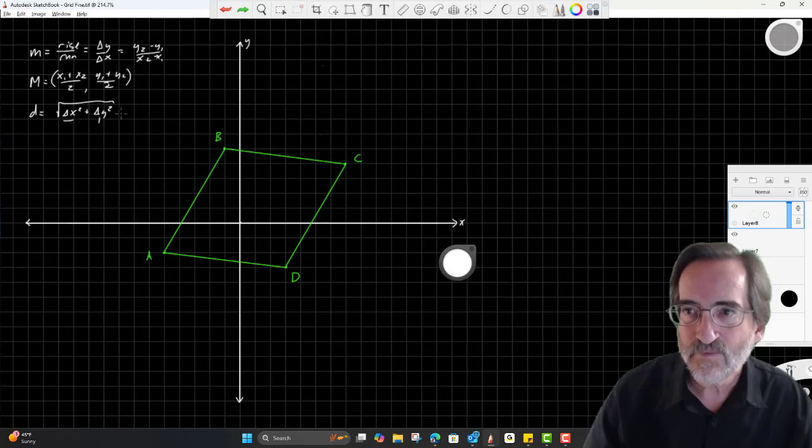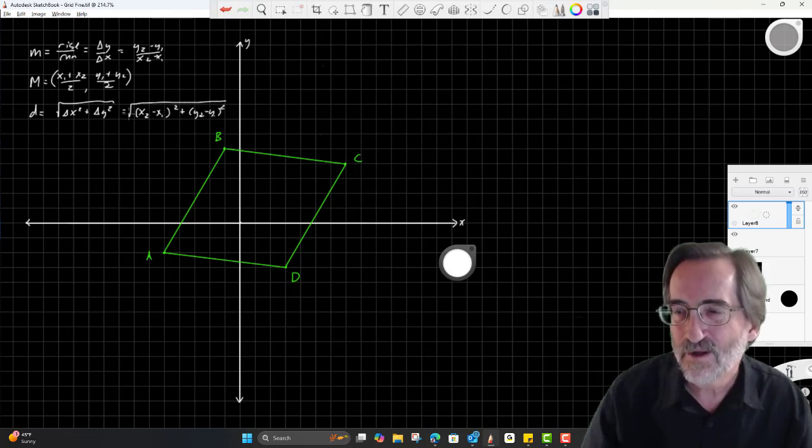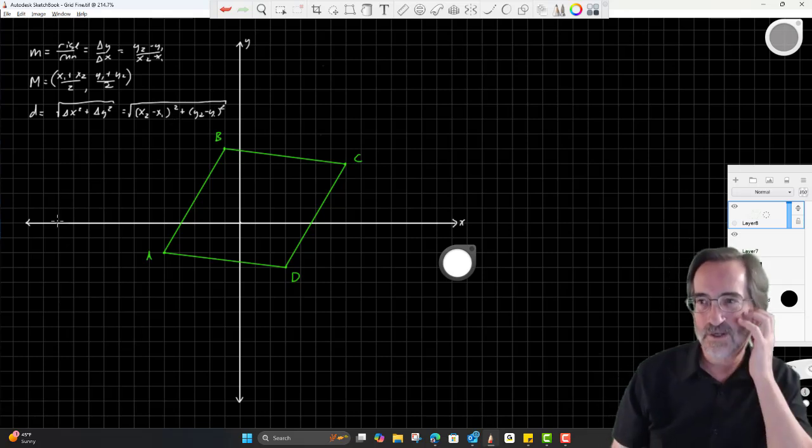And you can complicate that a little bit by saying the square root of x2 minus x1 squared plus y2 minus y1 squared. Okay, so those are the formulas that we need to know.